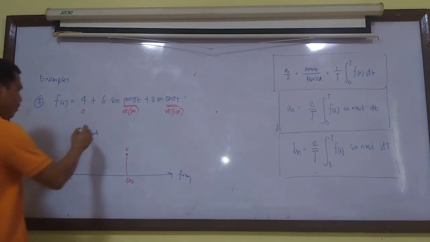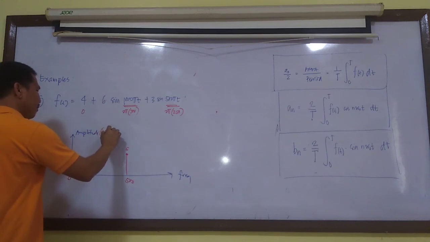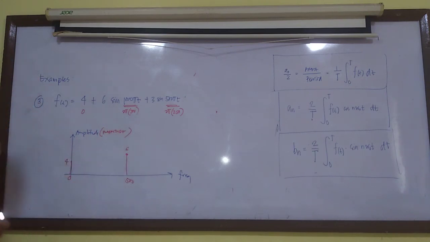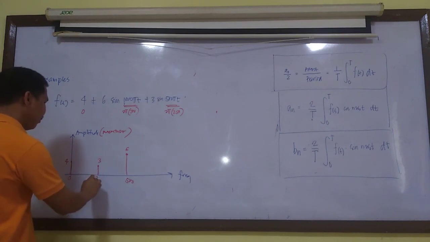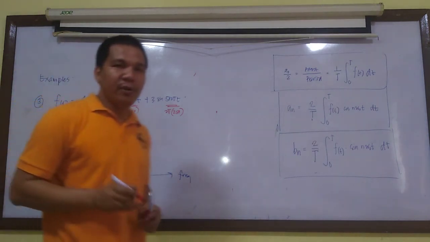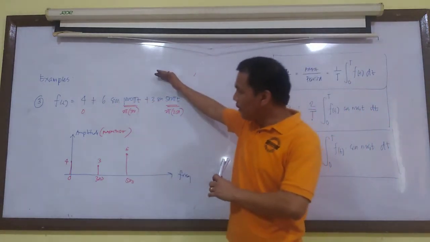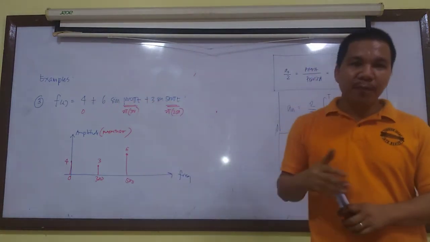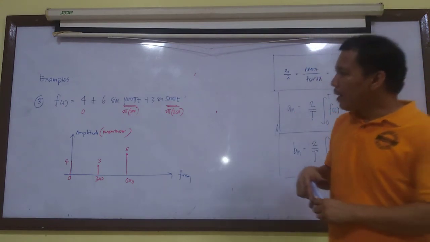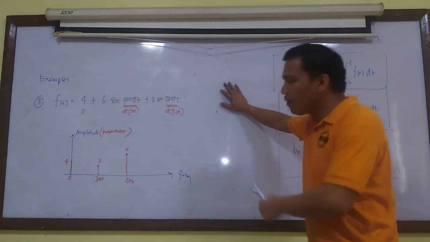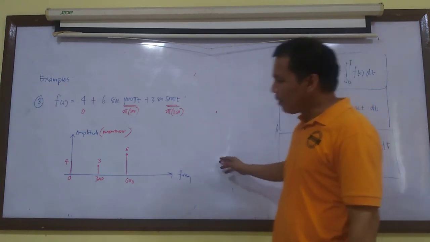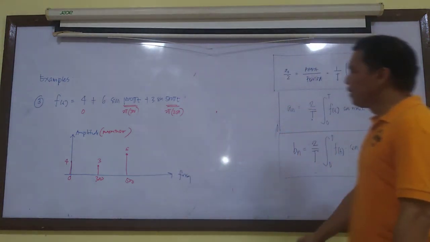We can label it as magnitude. What about for the frequency of 250? For 250, the amplitude is 3. That's how you translate your time-varying function to your frequency domain.